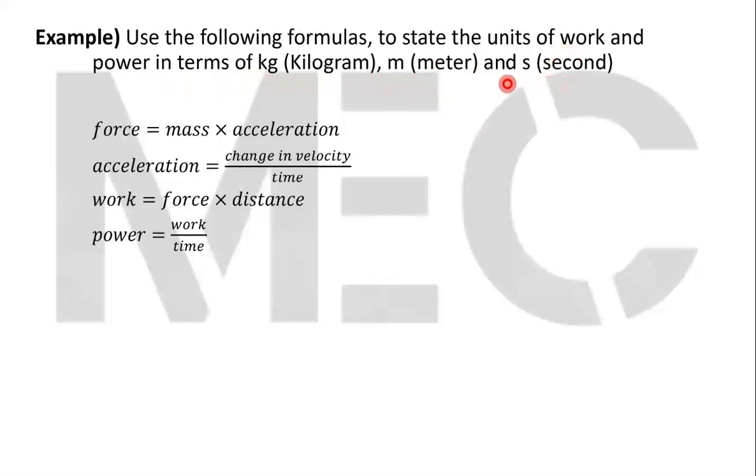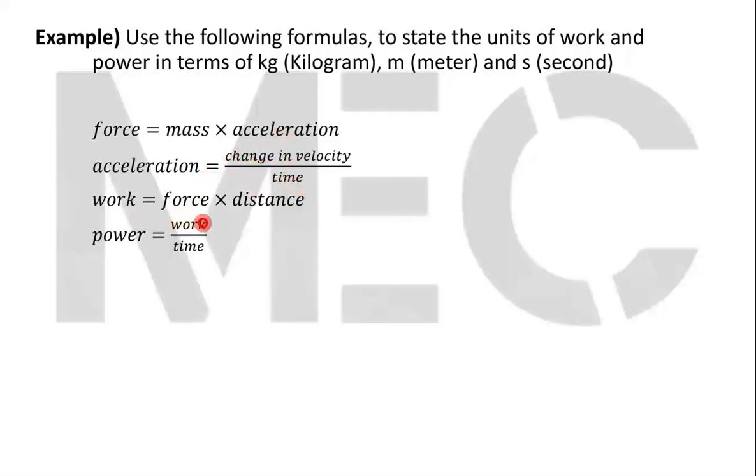So we can make all other units in mechanics, for example, the unit of work, which is joule, or the unit of power, in terms of these base units. So force is equal to mass times acceleration. We talked about it. Acceleration is change in velocity over time. Okay, we talked about it.